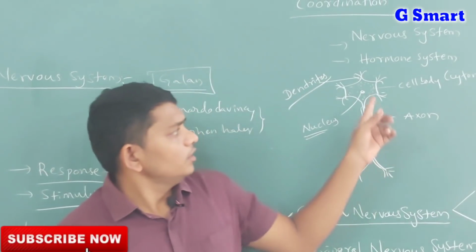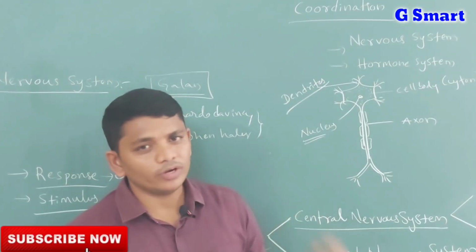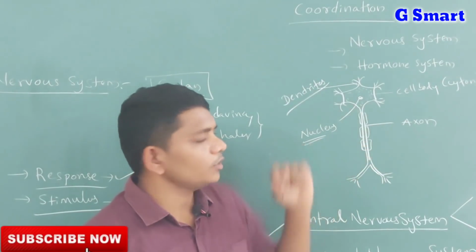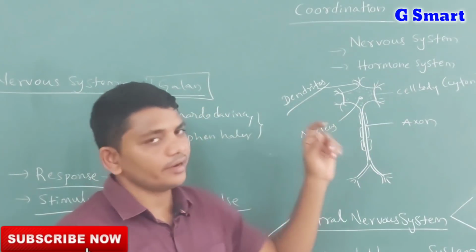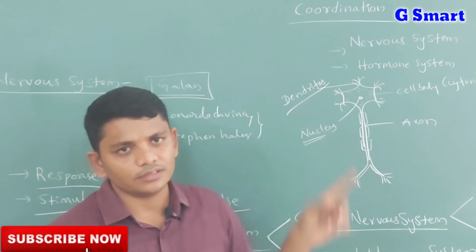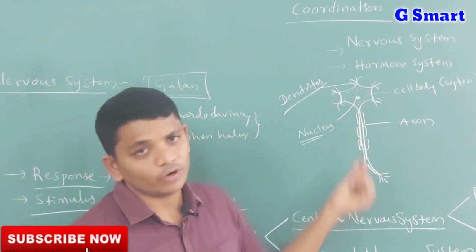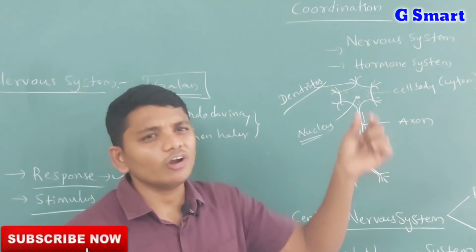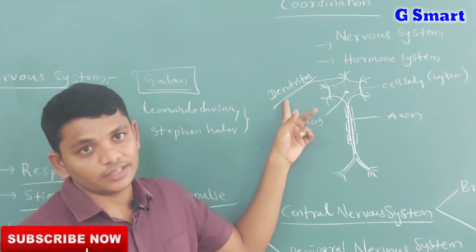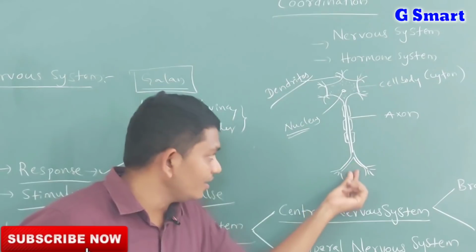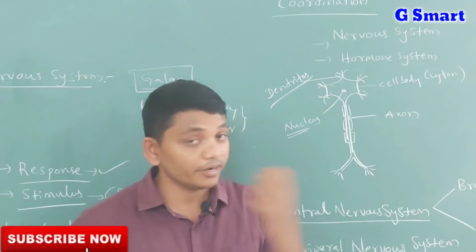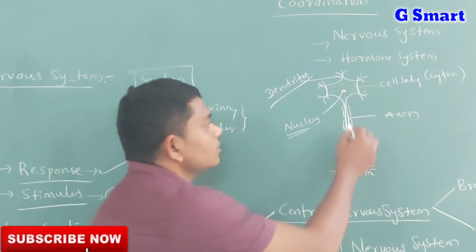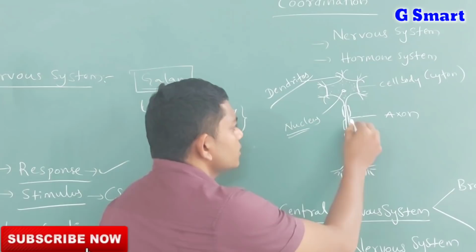From the peripheral parts of the cell body, you can see some projections. These projections are called dendrites. And one projection of the cell body, somewhat longer than the remaining dendrites, is called axon. On the surface of the axon, there is a layer called myelin sheath.